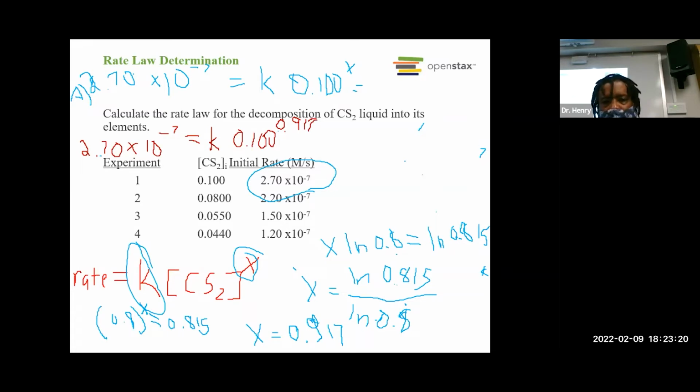Okay, so we solve for k, we get k equals 2.70 times 10 to the minus 7 over 0.100 to the 0.917.